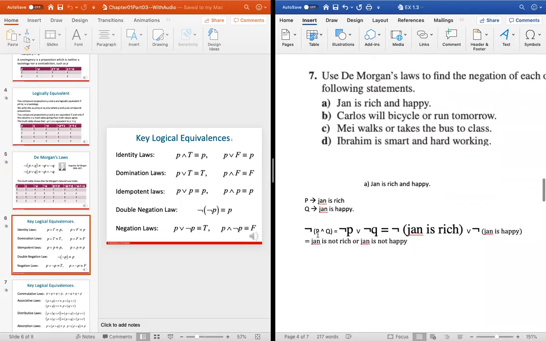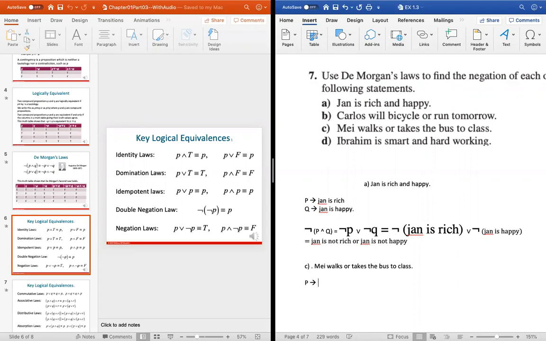Okay, let's do part number C here. Part number C says Min walks or takes the bus to class. So let's represent them using letters.